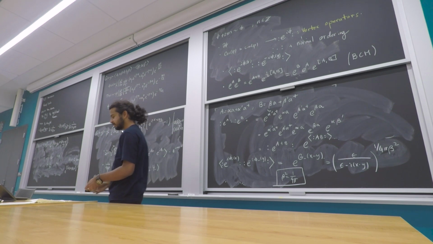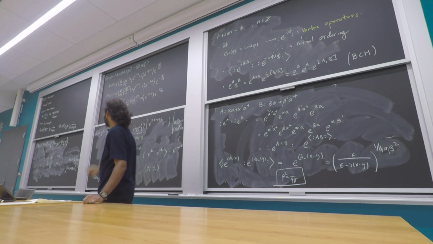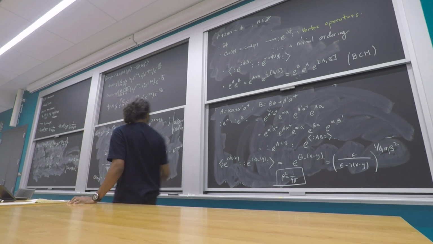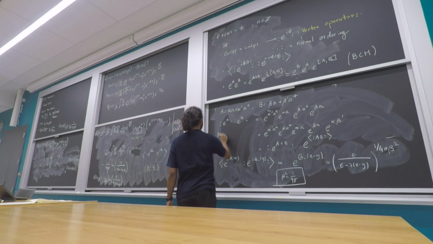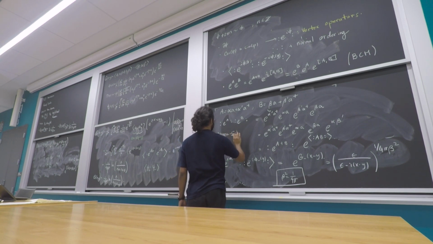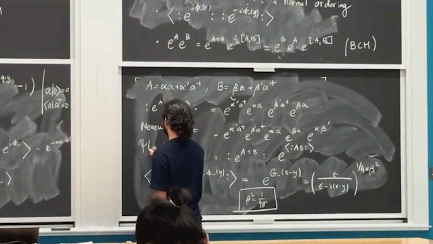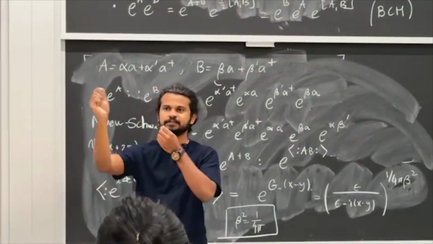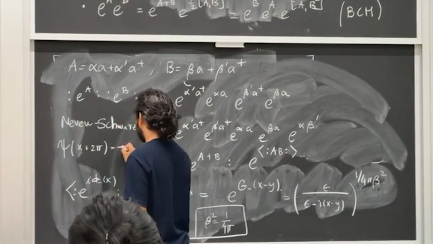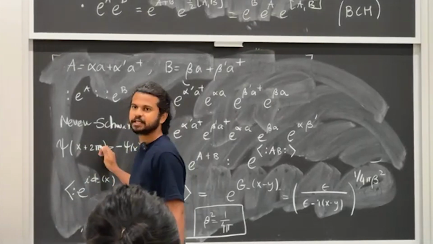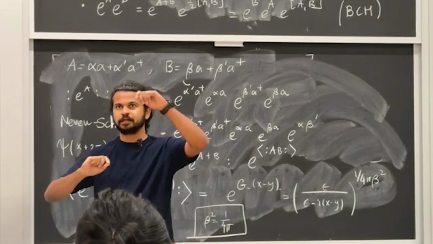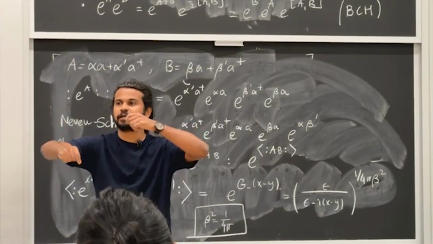So the next thing is the fermions. When you quantize, you impose something called the Neveu-Schwarz condition. That means that psi at x plus 2 pi, let's say the space is a circle, is equal to minus psi at x. Even in thermal field theory, you impose fermions to be antiperiodic at beta periods.